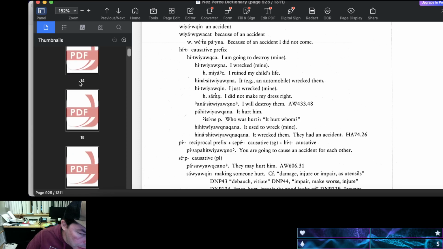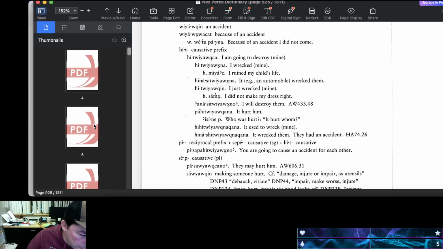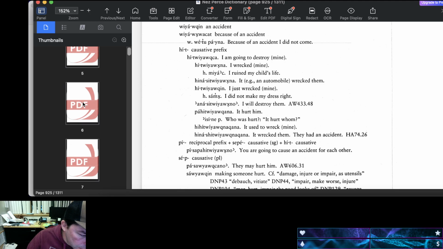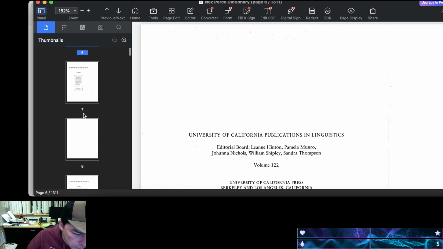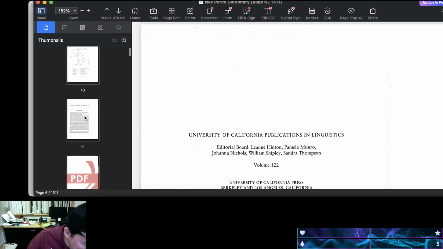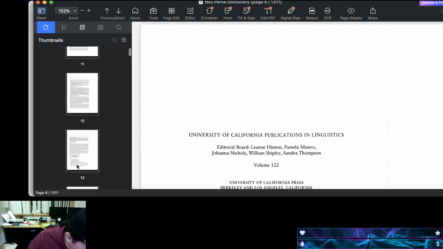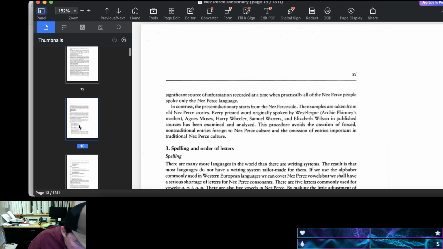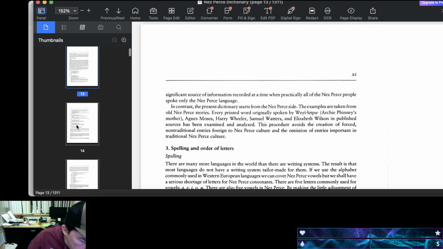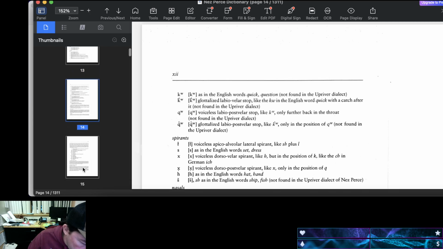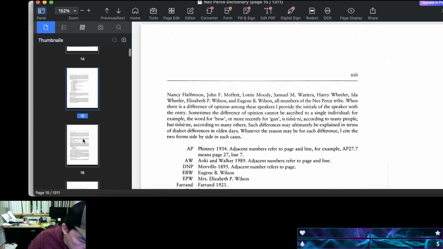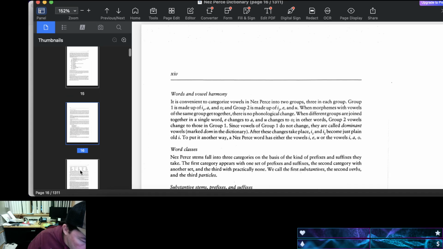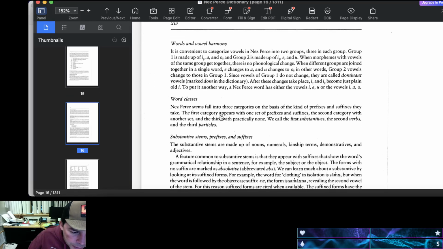So if you download the dictionary, in the front it goes over all of this stuff. Words and vowel harmony. It talks about how we categorize vowels in Nez Perce into two groups.